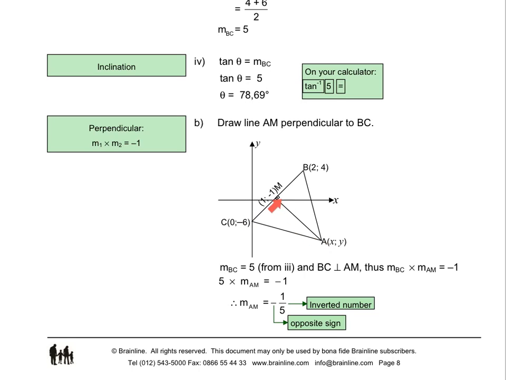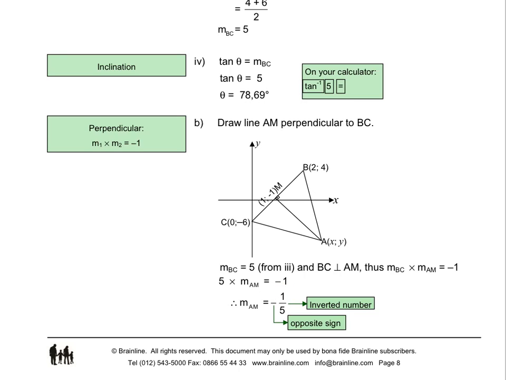Then we have to draw a line perpendicular to BC. So the line AM has to be perpendicular to BC. We already know that the gradient of BC is 5 from our previous calculations, and we know that for perpendicular lines, when we multiply the two gradients, it has to equal minus 1. So 5 times the gradient of the perpendicular line must equal minus 1.